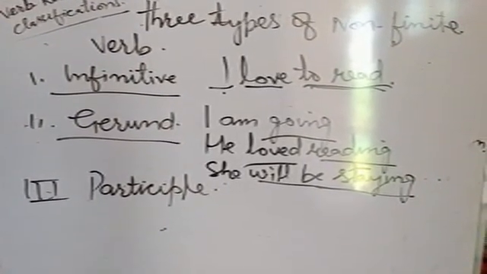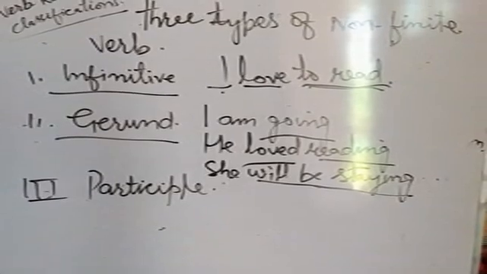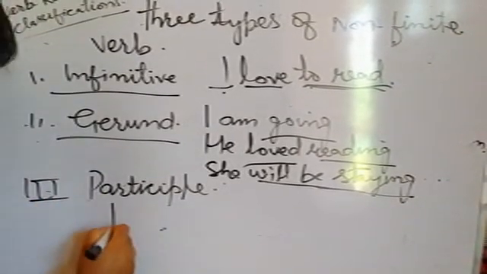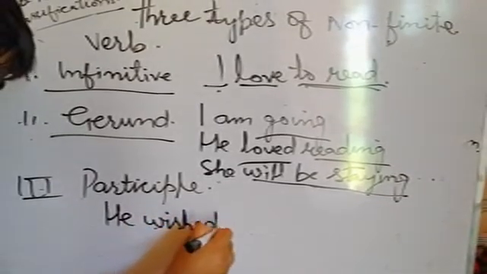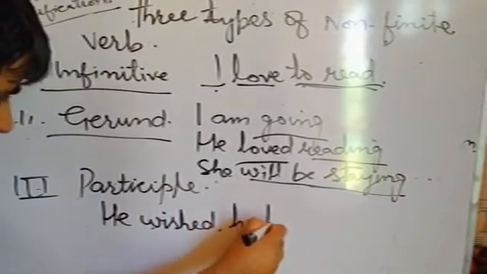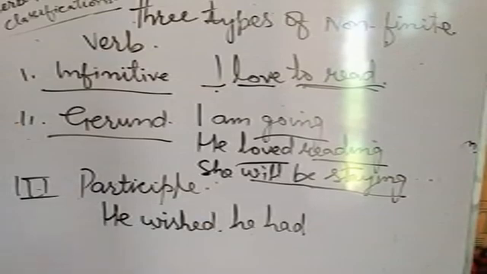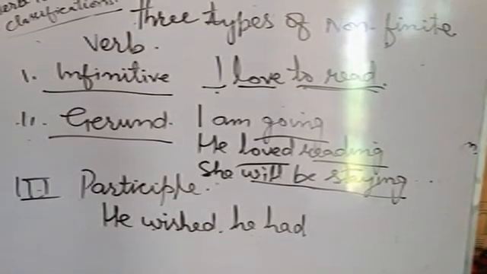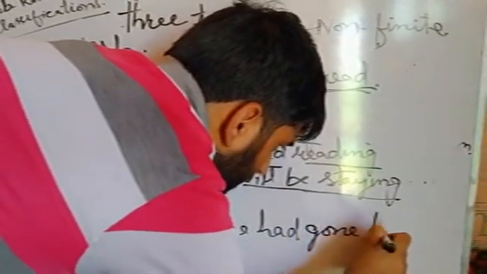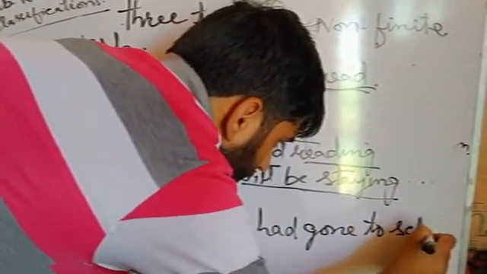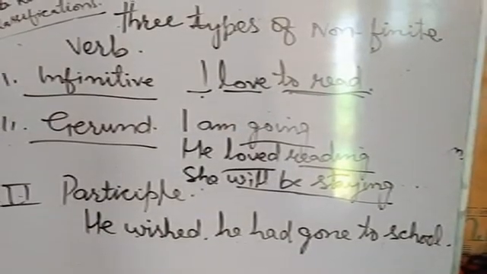Participle, we know, is the third form of verb. For example, he wished he had gone to school.